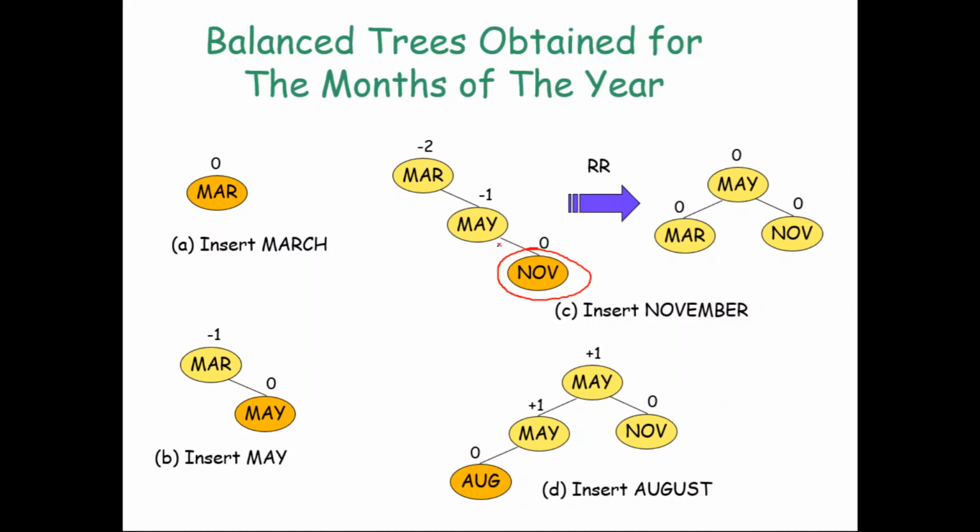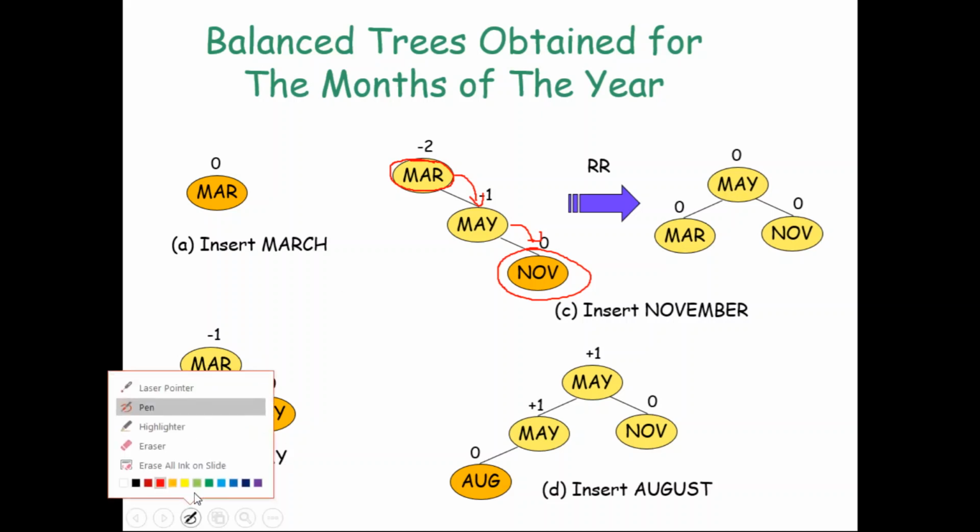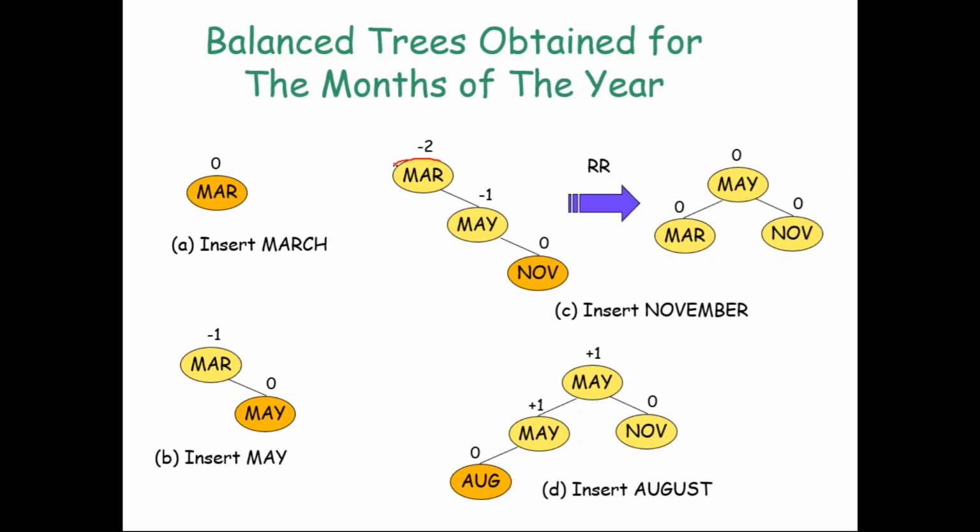Where is November? It is in the right subtree of May, which is in the right subtree of March. Imbalance is created in which node? In March. The imbalance is created in the node March.